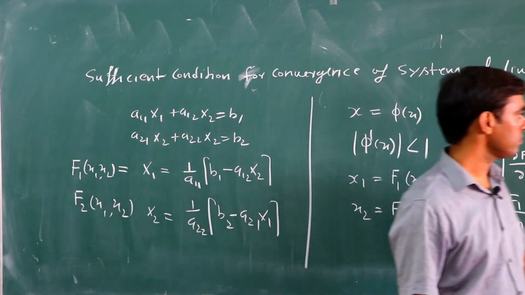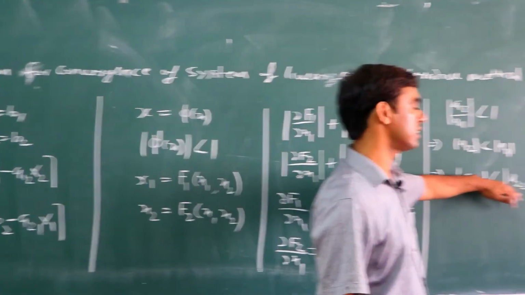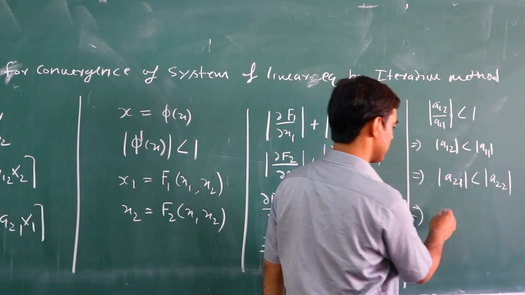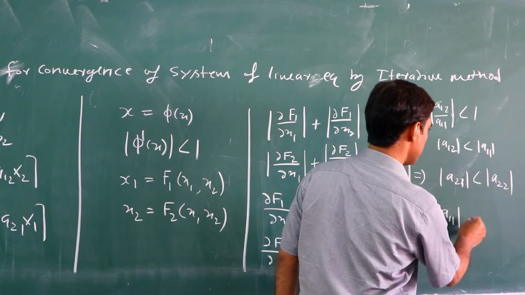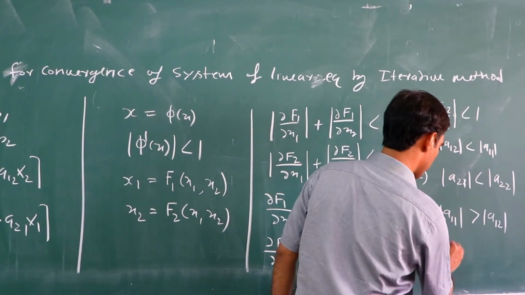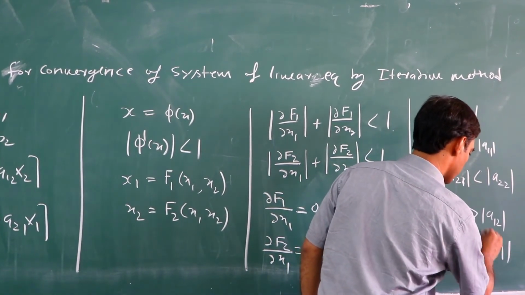So the meaning of this is that the modulus of a11 is greater than the modulus of a12, and the modulus of a22 is greater than the modulus of a21.